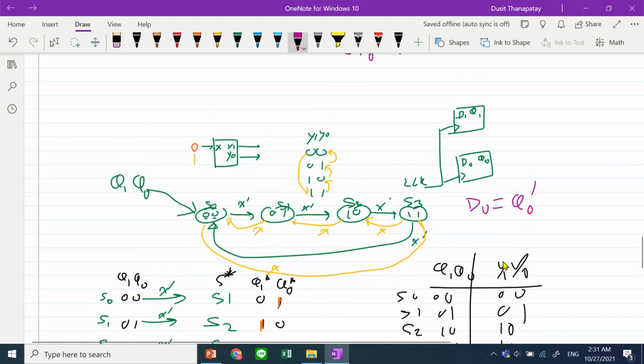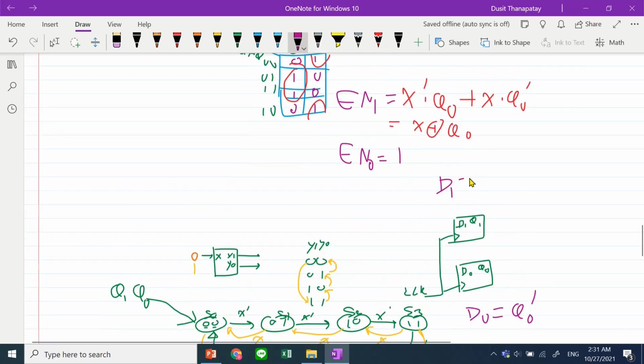For this, D1 is Q1 XOR, sorry, XOR Q0 XOR X.